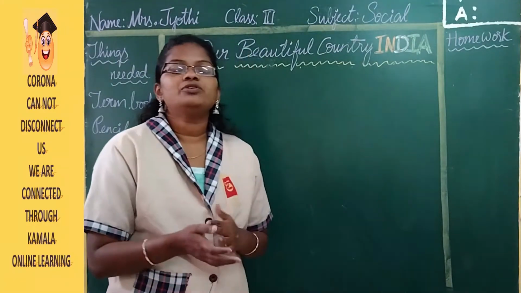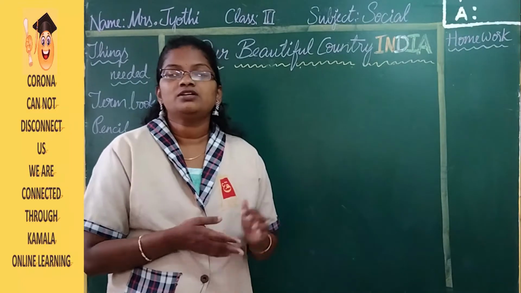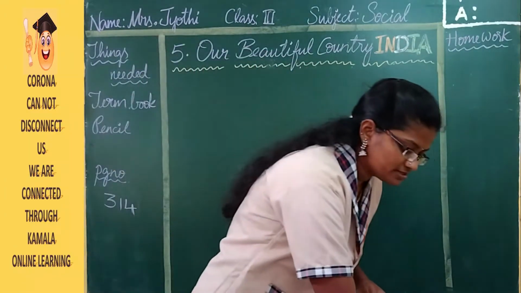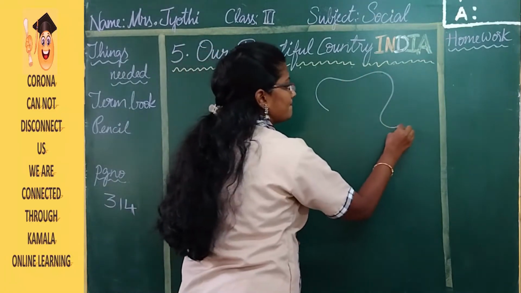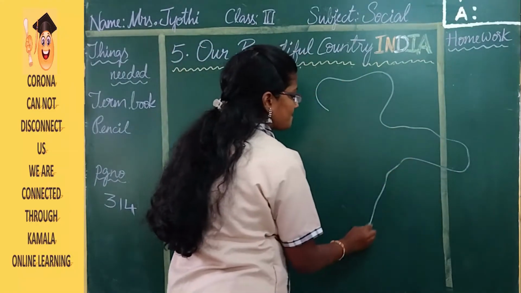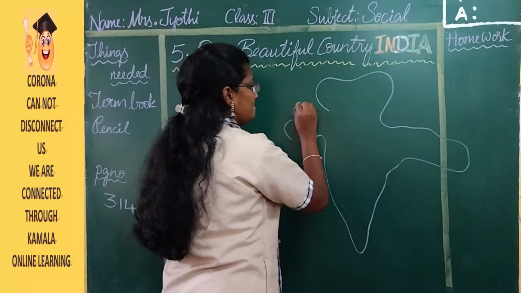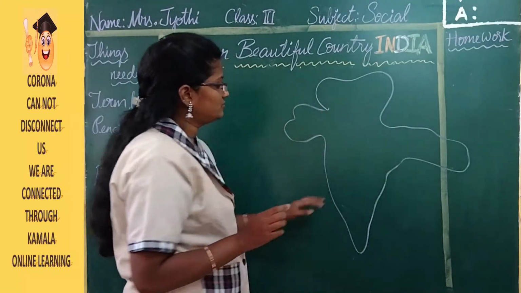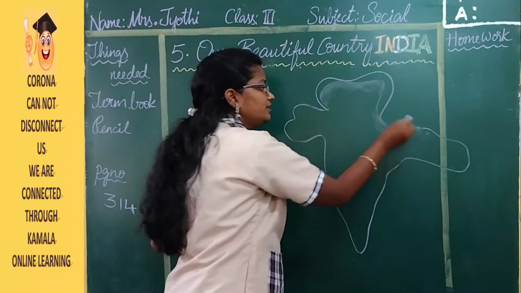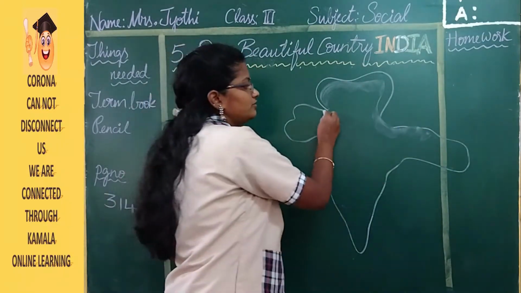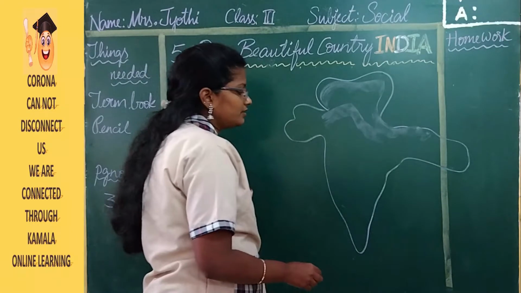So let me give you the recap of the previous lesson. On the India map, the mountains are towards the northern side, and we can see the northern plains also here.